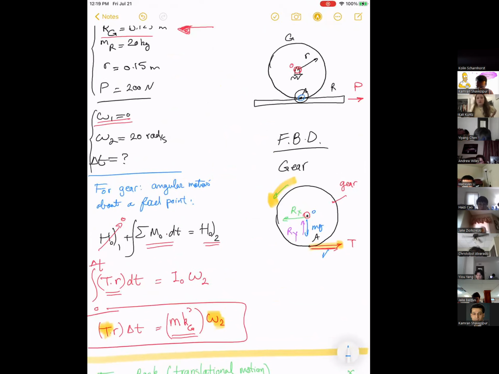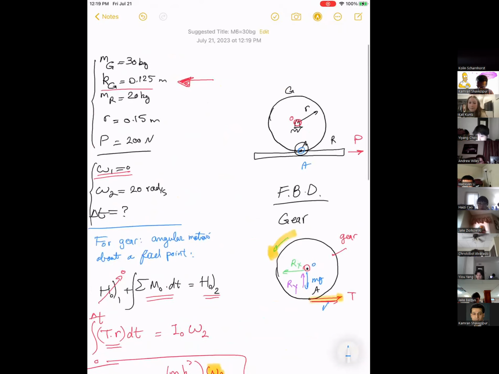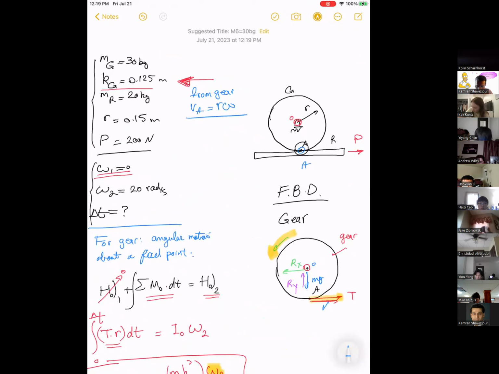If you look at this point, point A, I can write it here. For point A, V_A from the gear is R omega, and from the rack is just V rack. Remember, look here for a second, please, everybody. If you have a gear system, at the contact points the two points have the same velocity.